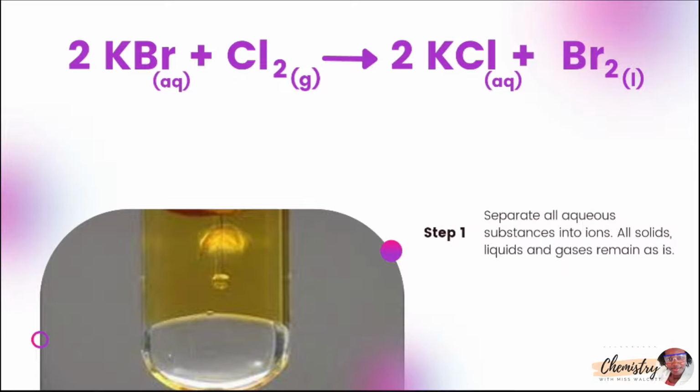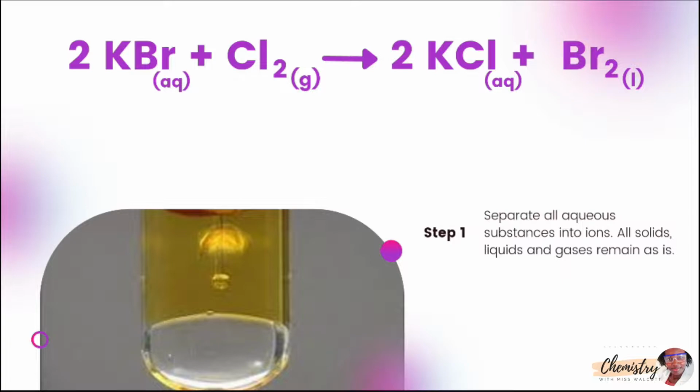An S represents a solid, an L represents a liquid, G represents a gas, and AQ means a substance is aqueous, or it has been dissolved in water. When ionic compounds are dissolved in water, the ions actually separate from each other. So our first step is to write these ions separately.